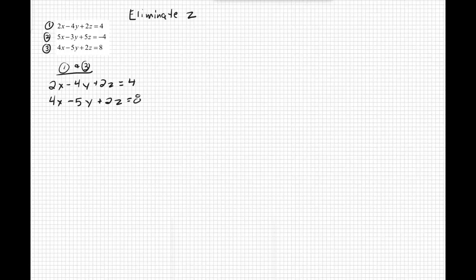And if I want to eliminate these z's, I can't right now because they're not opposites. So to get them to be opposites, I need to multiply one equation by -1. It doesn't matter which equation that I multiply by -1. I just want to make sure I multiply both sides of it. So now I just do a little squiggly line. I'm going to rewrite equation 1 as it was. And then equation number 2, I'm going to multiply out that -1.